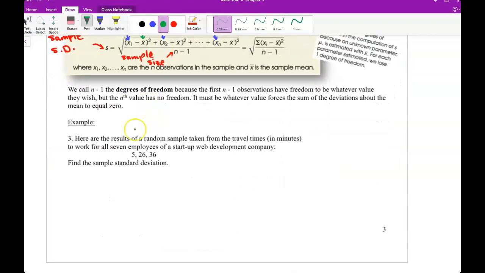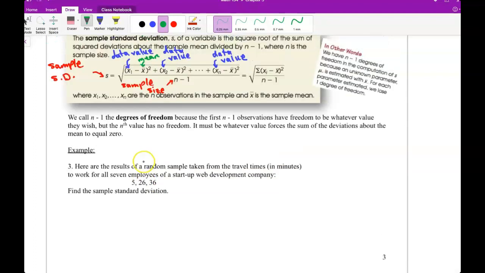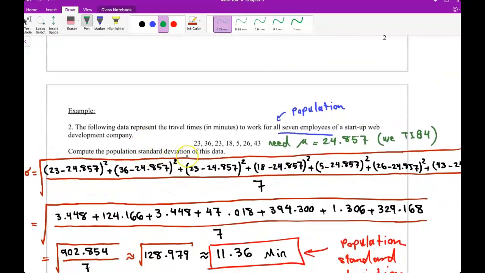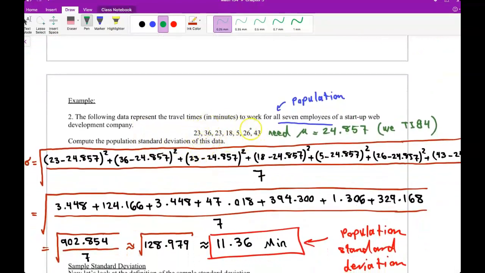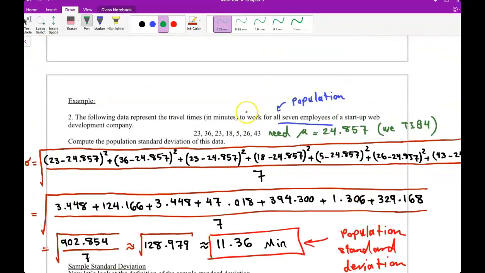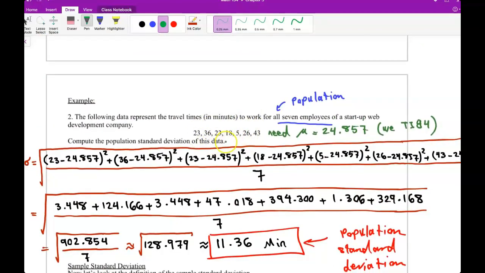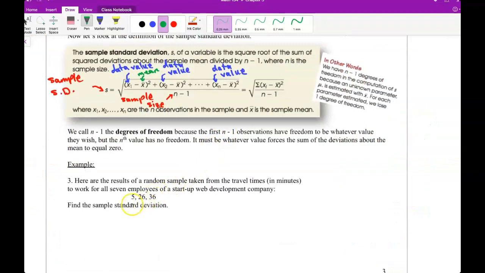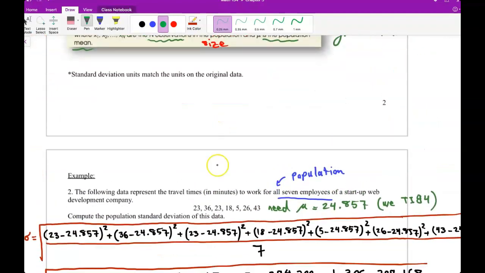Okay, now example number 3. Here are the results of a random sample taken from the travel times. So these data are from this part. The population was this one: 23, 36, 23, 18, 5, 26, and 43. From those, we selected 3 numbers, and those 3 numbers are 5, 26, 36.